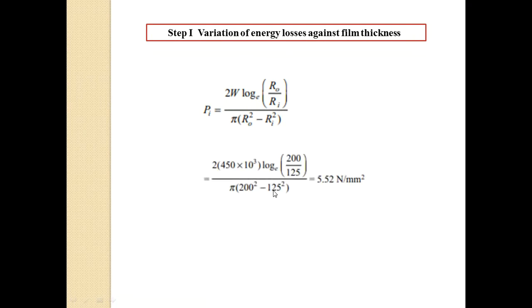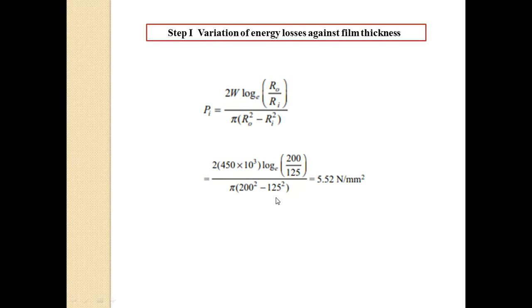So just see here. After putting these values, 2 is a constant. Again W is 450 kilonewton, that is 450 into 10 raised to 3, into log to the base e Rho, that is 200, divided by Ri, that is 125, bracket complete, divided by pi, a constant, into bracket Rho square, that means 200 square, minus Ri square, that is 125 square.